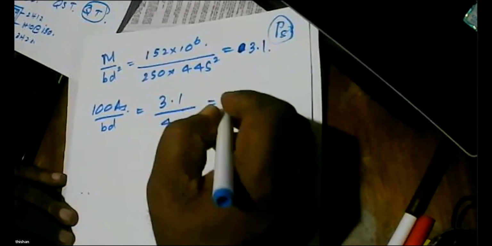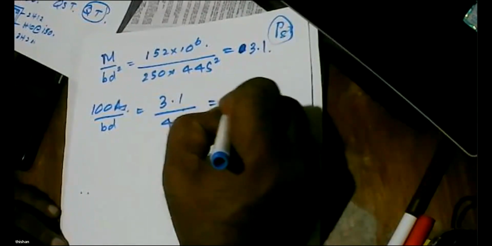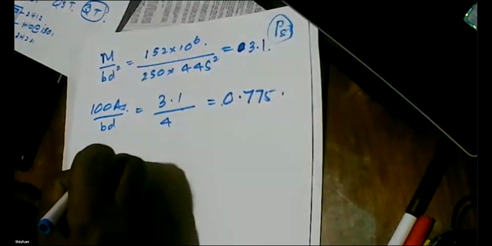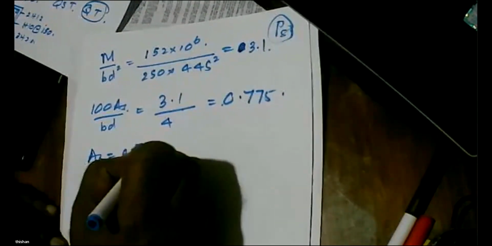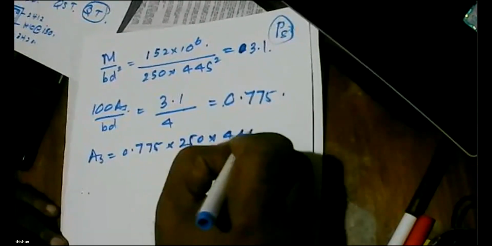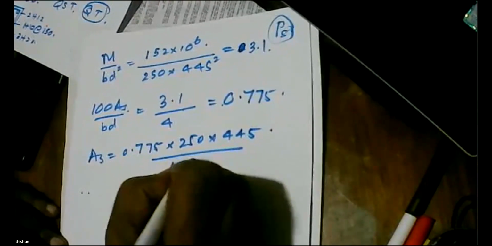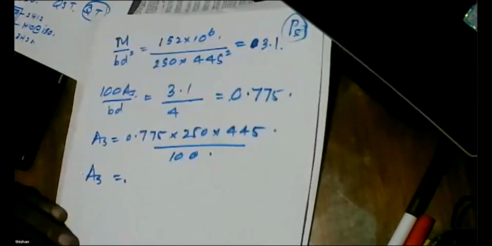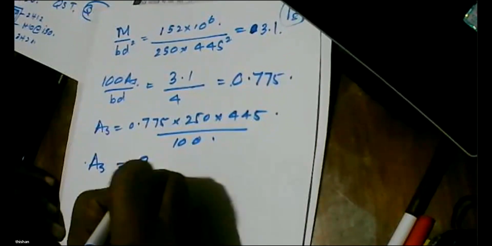What is the answer? 0.775. And As is equal to 0.775 into 250 multiplied by 445 divided by 100. What is the answer? 862.2.